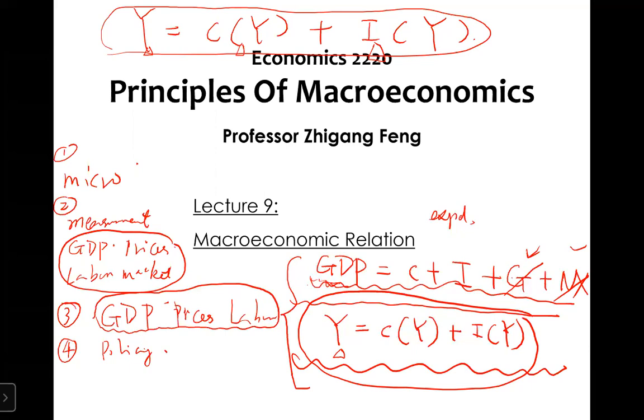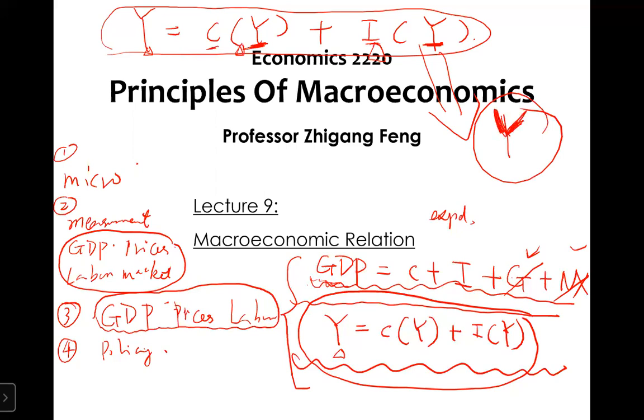If that's the case, then Y equals C plus I. This is number one. In this chapter, I'm going to explain that C depends on Y, and I depends on Y. Okay? And then you're going to see that now you have one equation, one unknown, and that's going to help us understand what determines Y. So that's the first thing we are going to achieve.